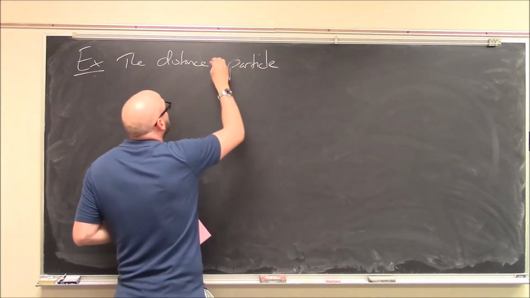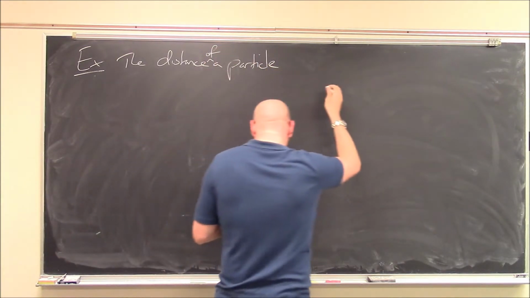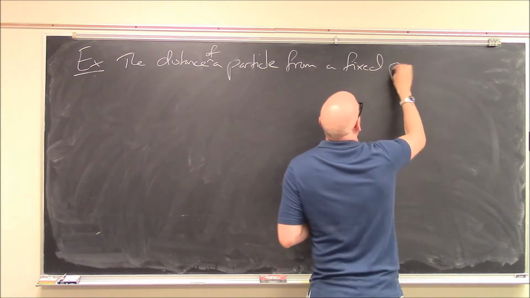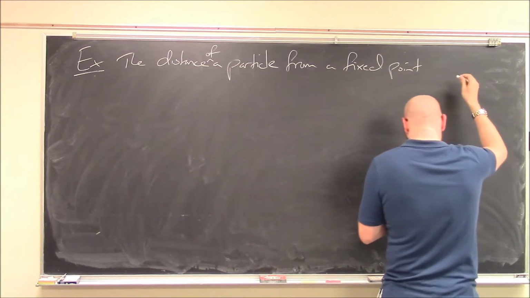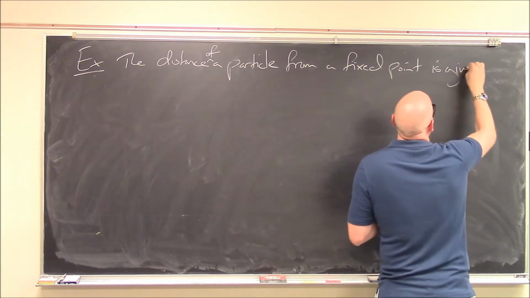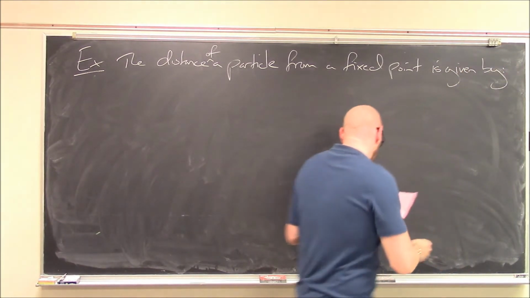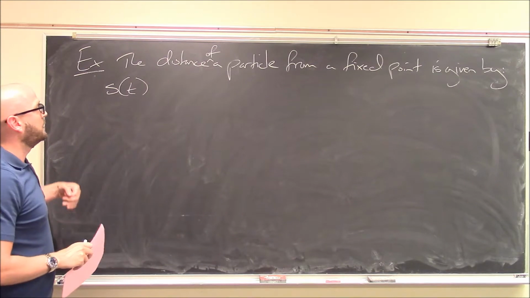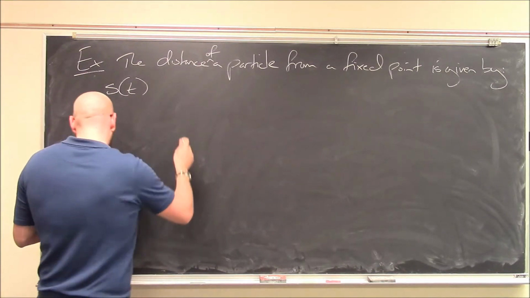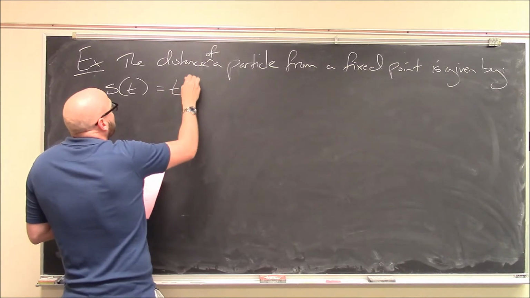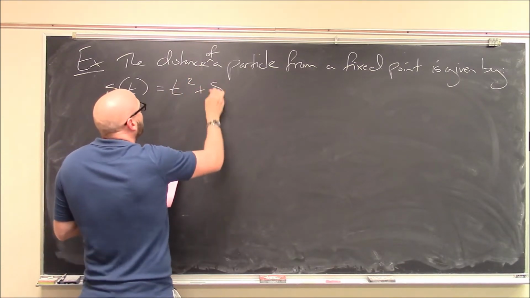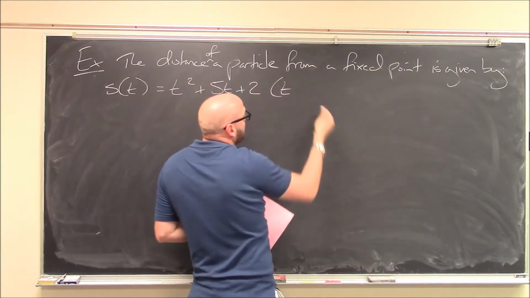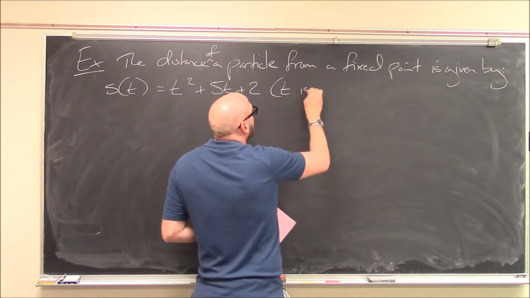The distance of a particle from a fixed point is given by the following function. S, quite often in physics, if you have a function that represents position, you'd go with S, or distance. S of t is t squared plus 5t plus 2, where our variable t is time, of course, and t is in seconds.